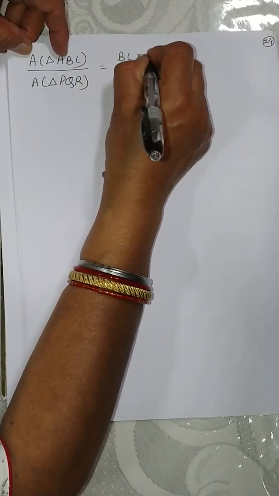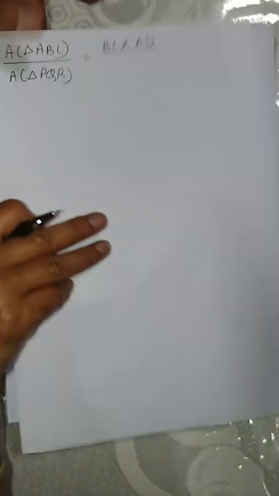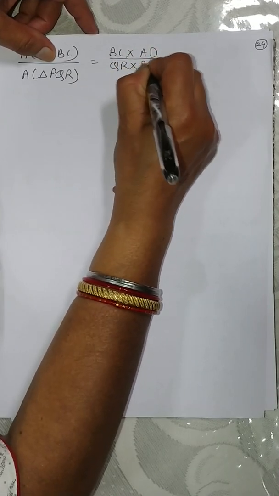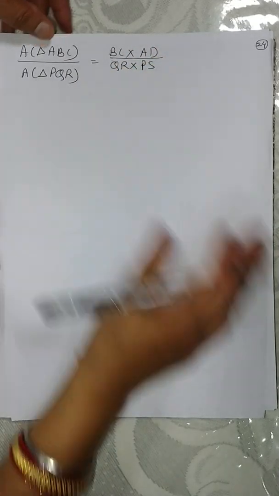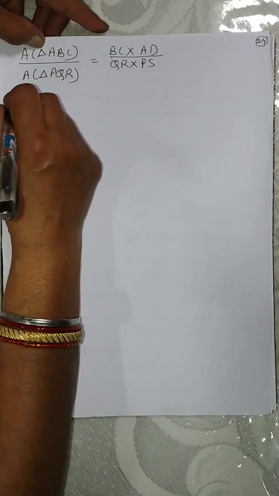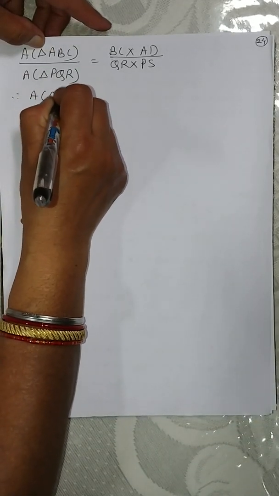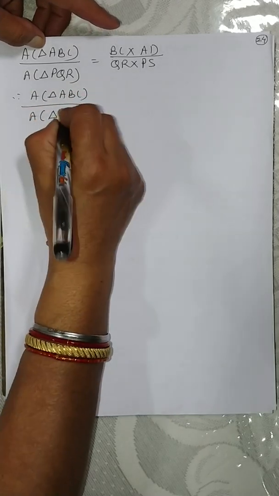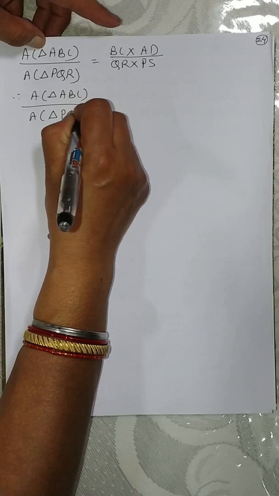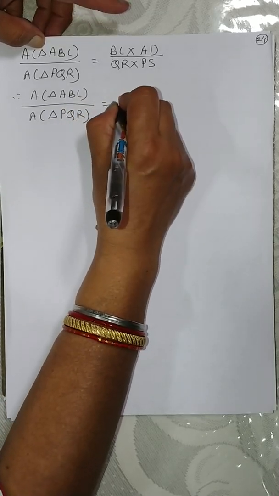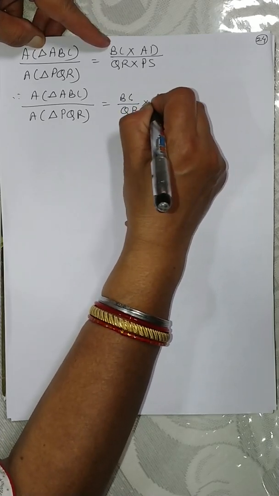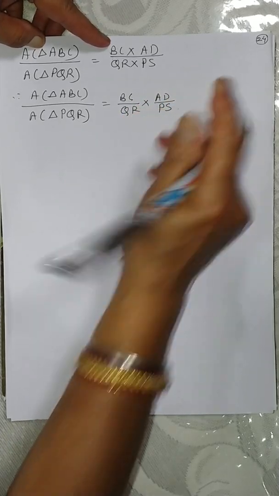So BC into AD, and it is QR into PS. And therefore area of triangle ABC upon area of triangle PQR, it is equal to BC upon QR into AD upon PS.